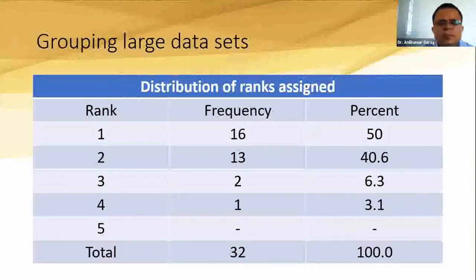So this can be 320 or 3200, and proportionately the frequencies would also change. So this is basically converting an ordinal data into interval data.